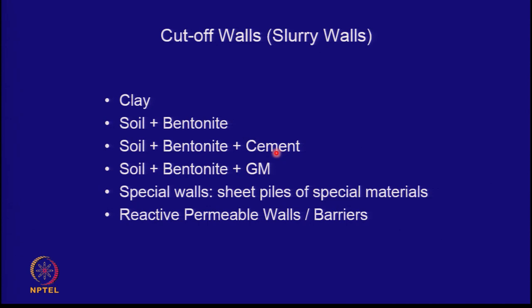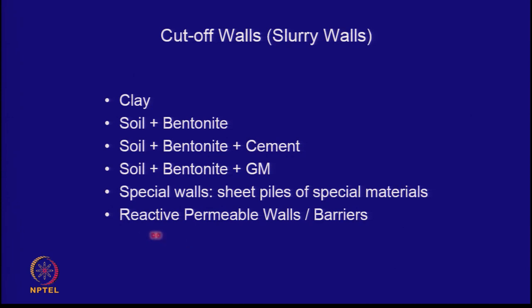You might want to give some additional strength to the wall. We'll do an example. Or it can be made of soil plus bentonite, and you may want a double assurance that nothing is going to go past, so you might put a geomembrane inside that. And there may be special sheet pile walls.